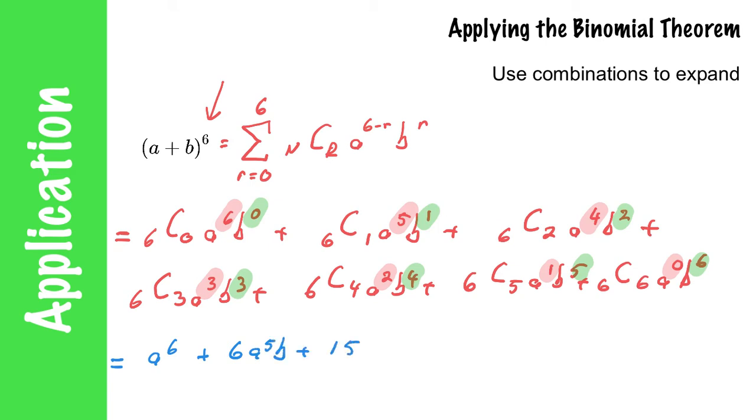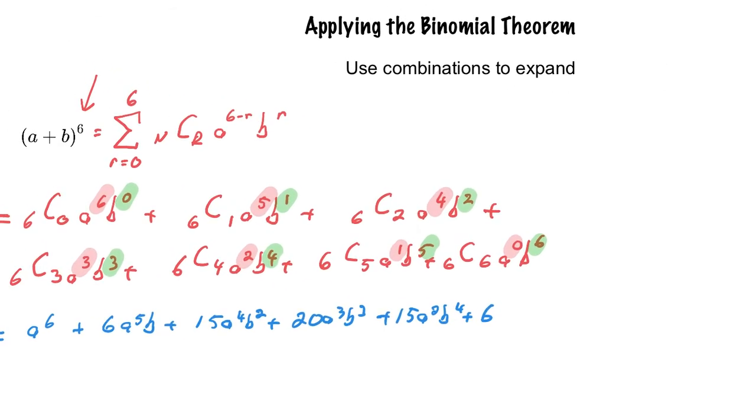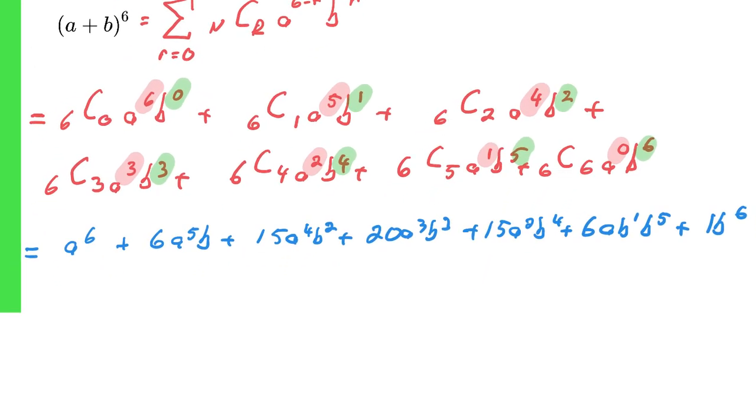So 15 a to the 4, b squared, 20 a cubed, b cubed, 15 again, a squared, b to the 4th, and then down to 6 a to the 1, b to the 5, and lastly 1 b to the 6th. And there's a 1 in front of that a as well.